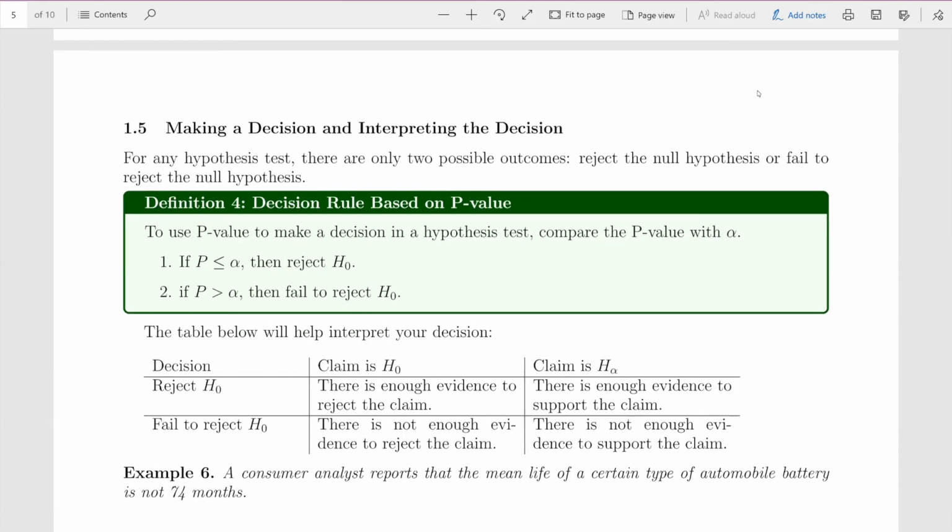So if the p-value is less than or equal to alpha, then you reject the null, right? Because it's small. If the p-value is greater than alpha, then you fail to reject the null. That means you kind of accept the null.